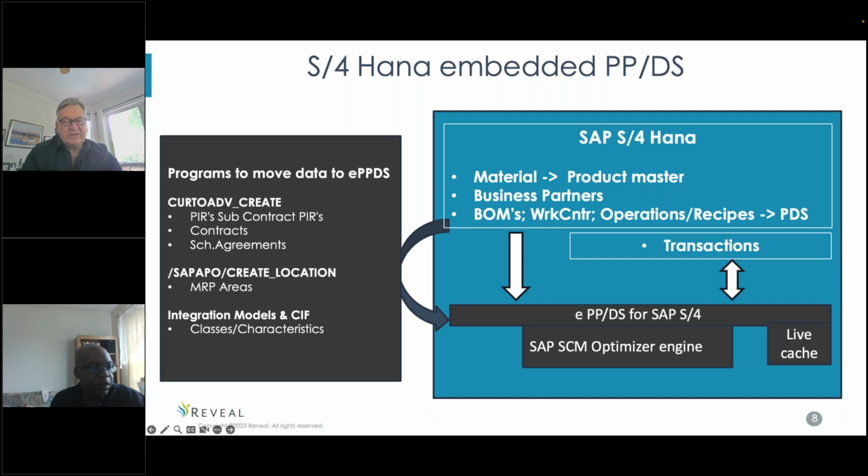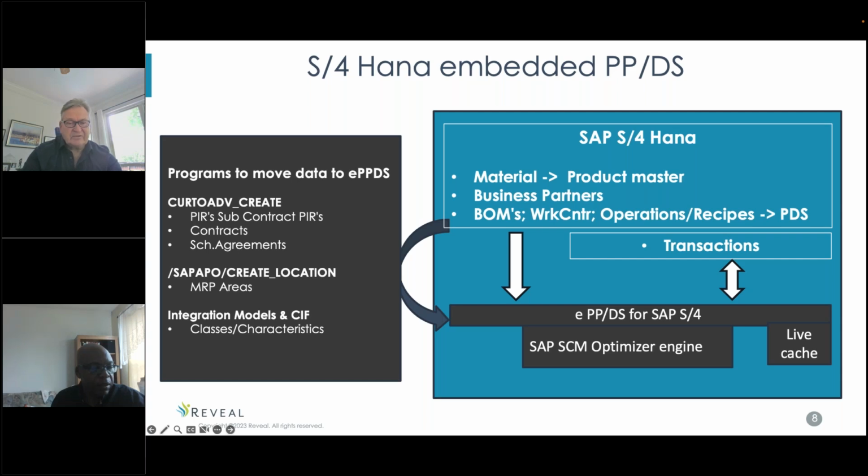The transactional data as well is moving backwards and forwards. But the important thing here is that your primary data is maintained only in one system, making it much easier to manage how data moves.